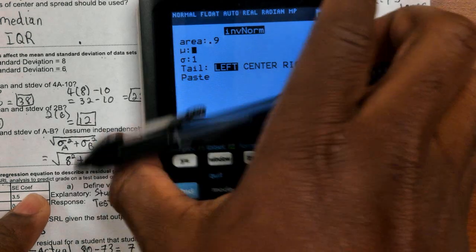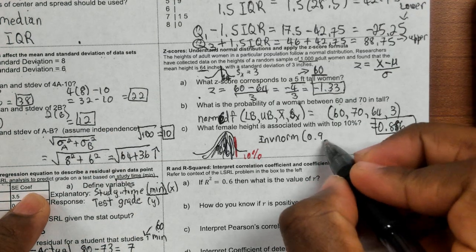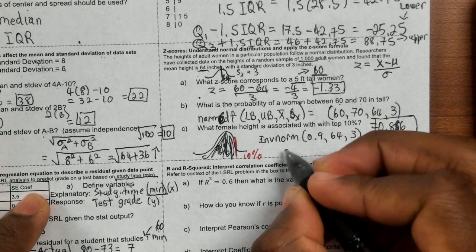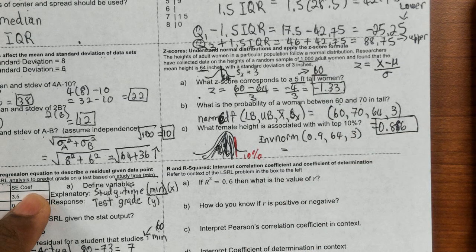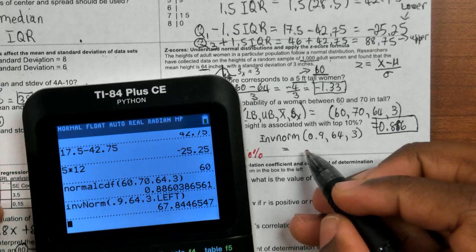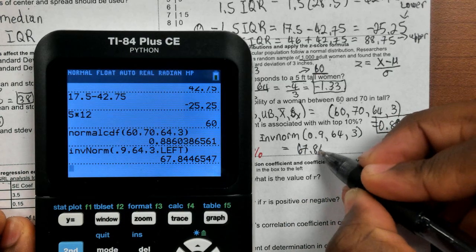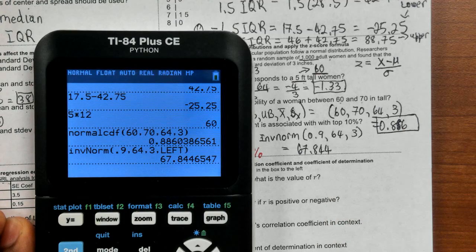The mean is the same mean we had, 64, and the standard deviation is 3. When we paste that, the height associated will be 67.84 inches.